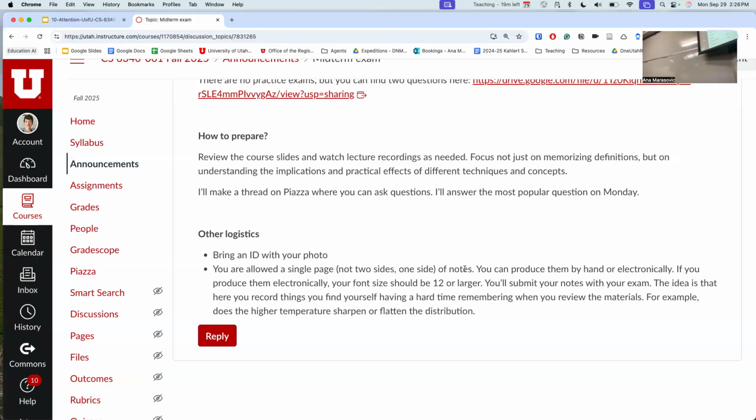Remind me how the multiple correct answer, multiple choice questions are being graded. Is it like you get partial credit if you get one of the answers, or is it all or nothing? You don't need to get all the answers. So let's say there are mostly going to be four answer options, A, B, C, D, and each one of the answer options is either correct or wrong given the question.